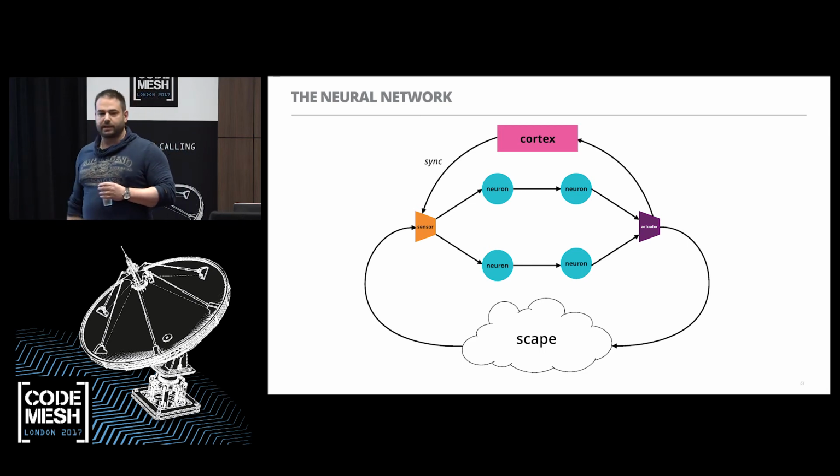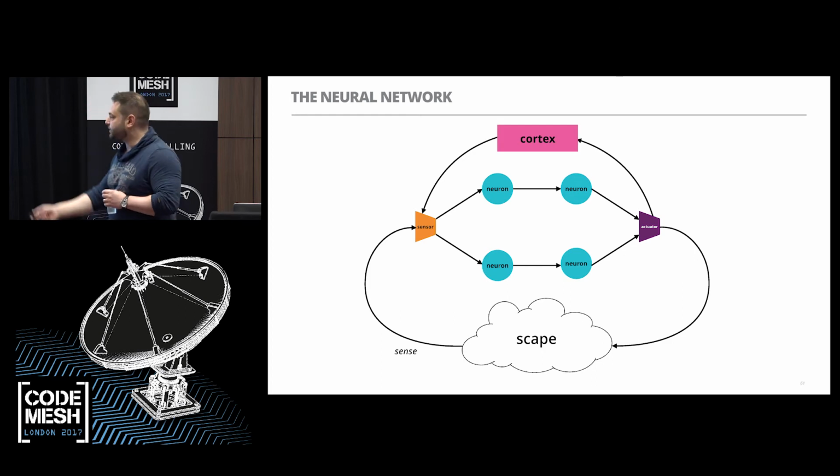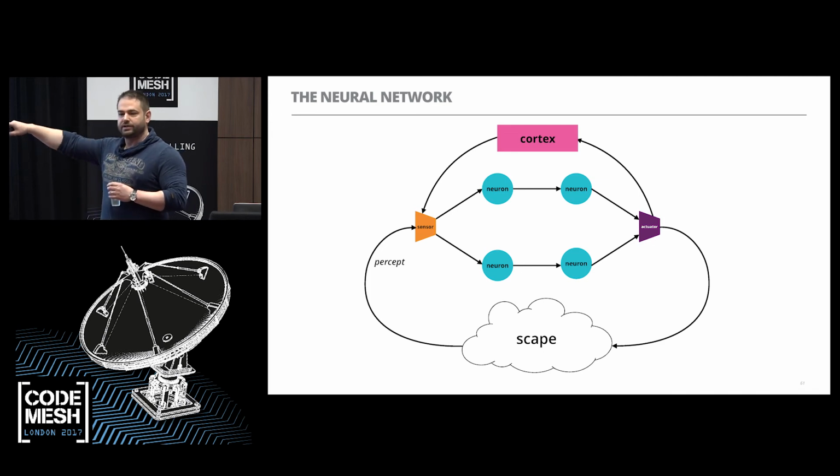The cortex sends a message sync to the sensor, and the sensor then sends a message sense, asking for data, to the scape. The scape sends back percept, which also contains the input vector. Then, like in every neural network, the sensor forwards that to the next layer, and ultimately it all aggregates in the actuator.